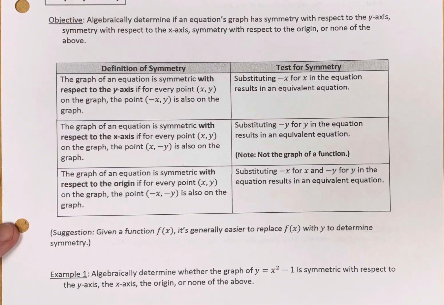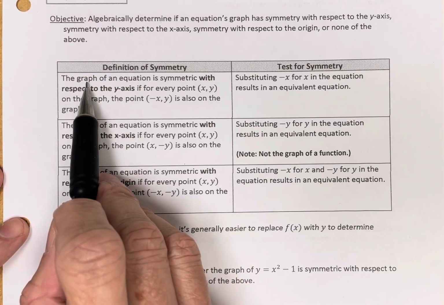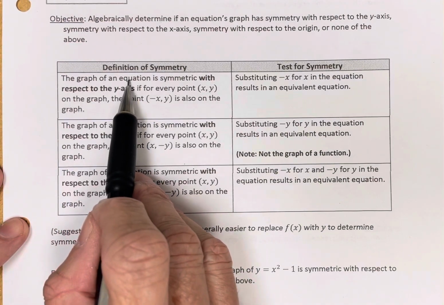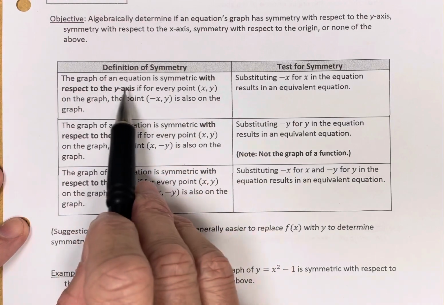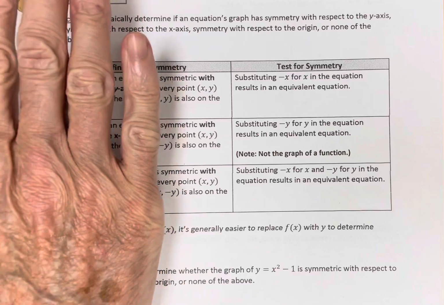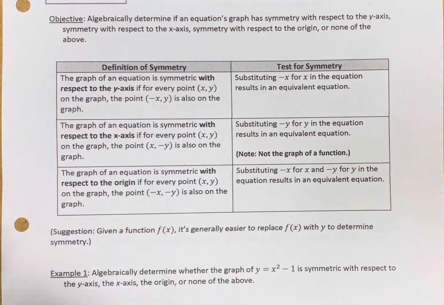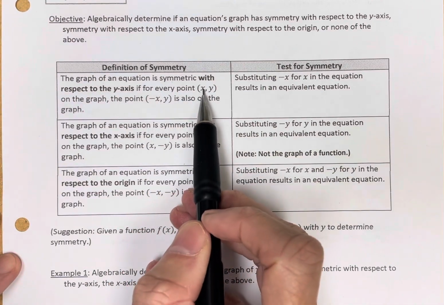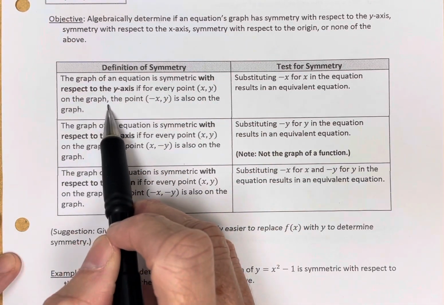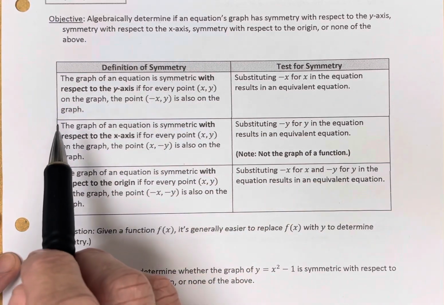Okay, let's take a look at the definitions of these three types of symmetry and how we're going to test for it algebraically. The graph of an equation is symmetric with respect to the y-axis, so from right side to left side or left side to right side, using the y-axis as a line of symmetry, if for every point (x, y) on the graph, the point (negative x, y) is also on the graph.